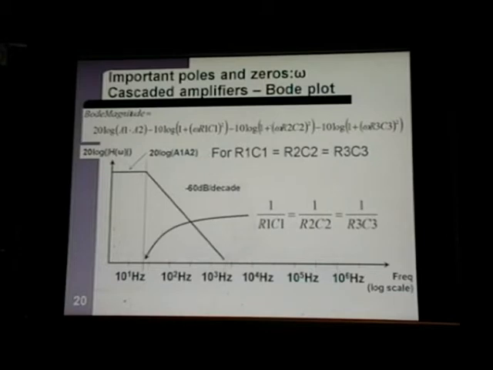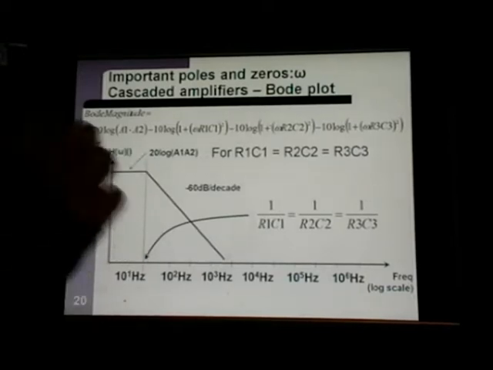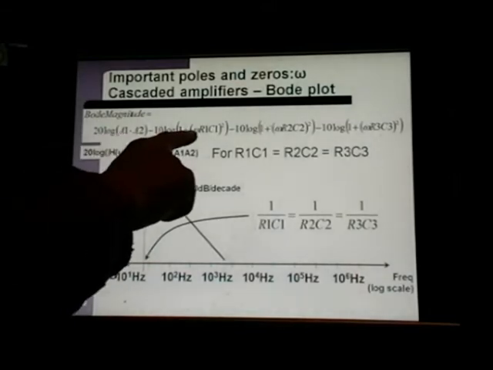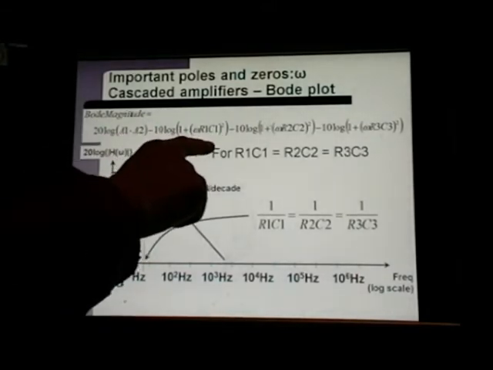Okay. Special case, really handy in filters, is when R1C1 equals R2C2, which equals R3C3. And when you do that, and the corners are right on top of each other, then you start off again with this term omega R1C1.